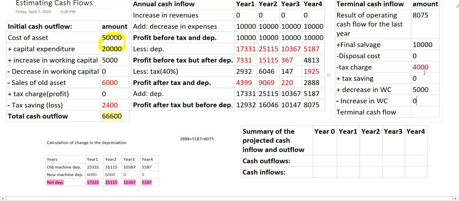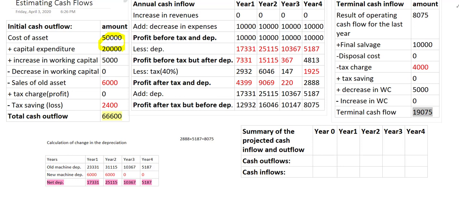So you get how much? 5 plus 10, 15, minus this one, 11, 11 plus this one becomes 19,075. This is the amount for the final year.